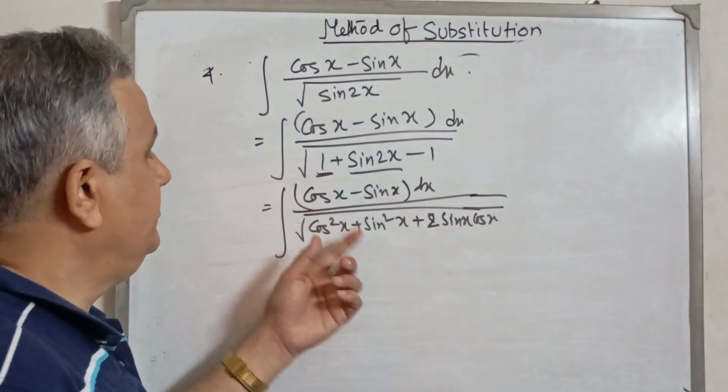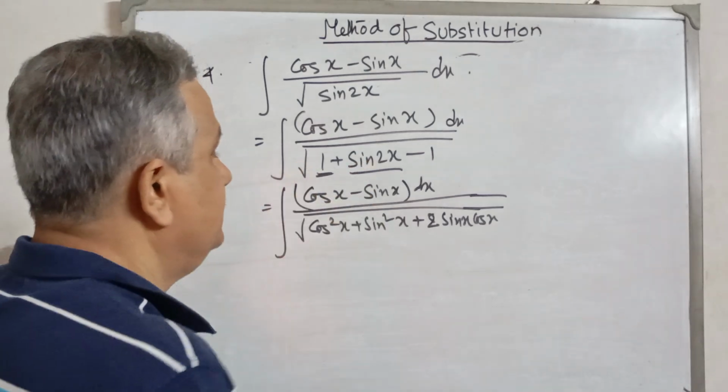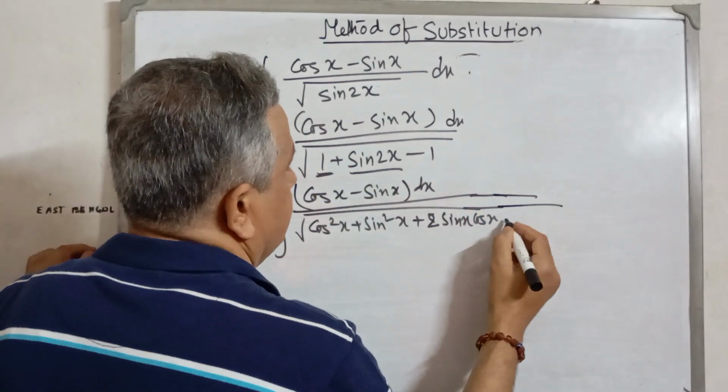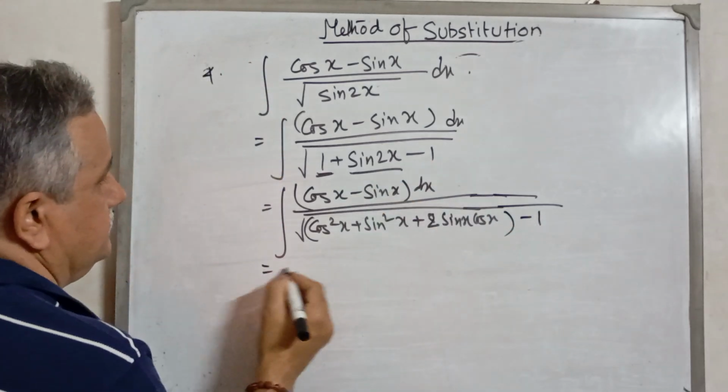So 1 is replaced by cos square x plus sin square x, sin 2x is 2 sin x cos x, and minus 1 as it is.